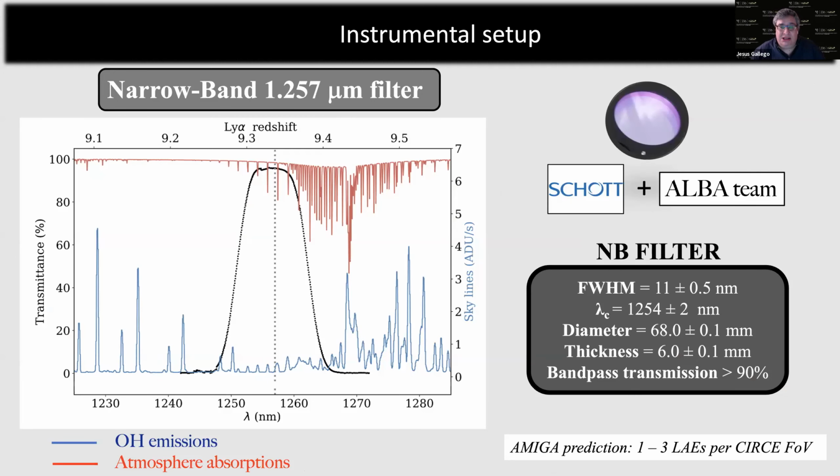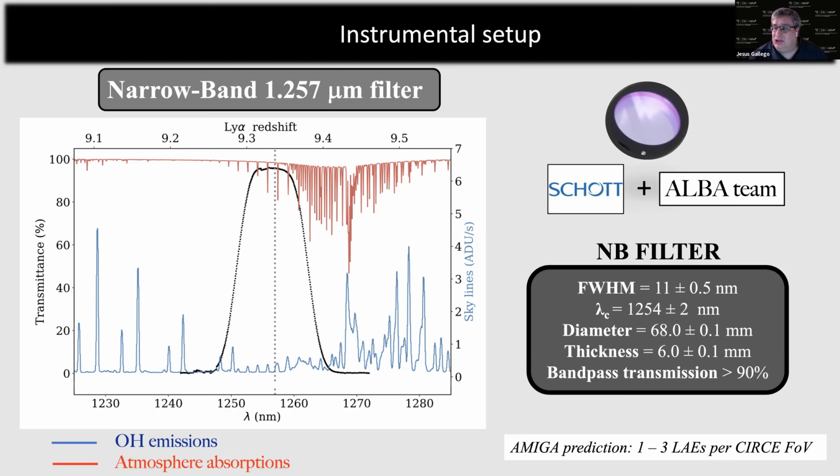In order to optimize the detection of Lyman alpha emitters, our collaboration started a collaboration with the private company SHOT. We defined a narrow band filter with a full width at half maximum of 11 nanometers, centered at 1.25 microns wavelength.